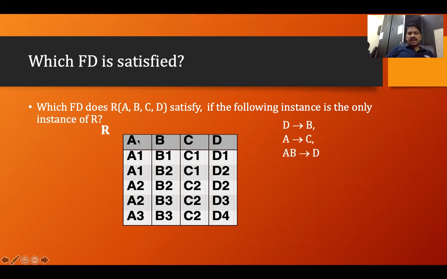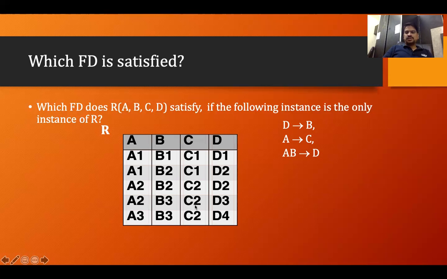Can we say A determines C is possible? If we say A determines C, A is a roll number, C is the name. So A1 is a roll number, C1 is the name. Again, A1 came, again C1 is there, it is okay. Then we have A2 as a roll number and C2 is the name, it is okay.